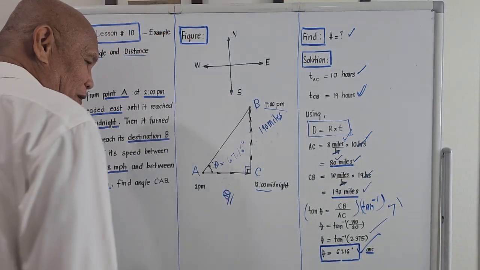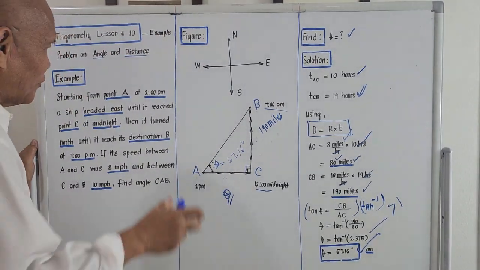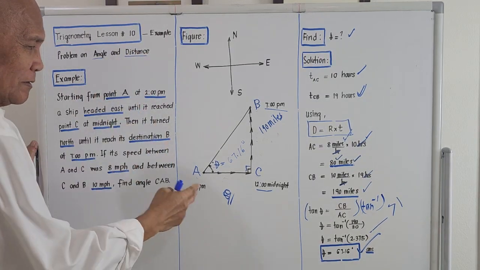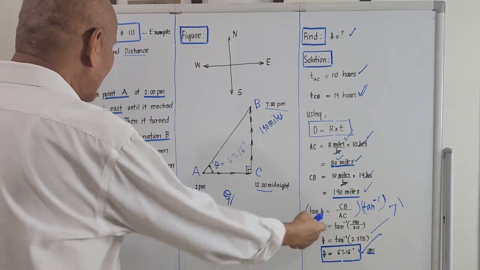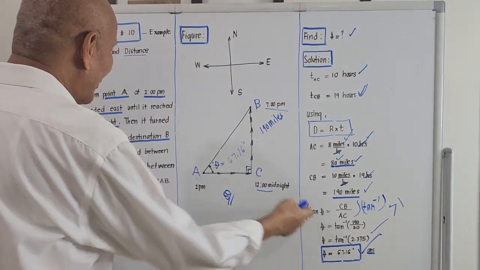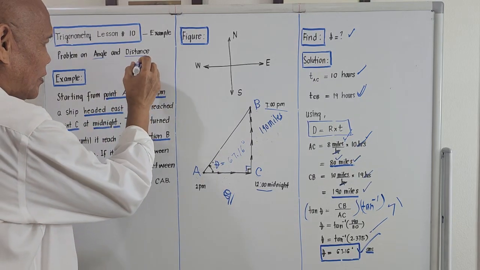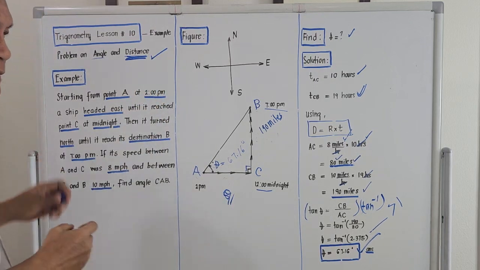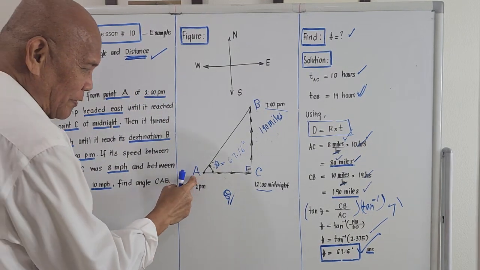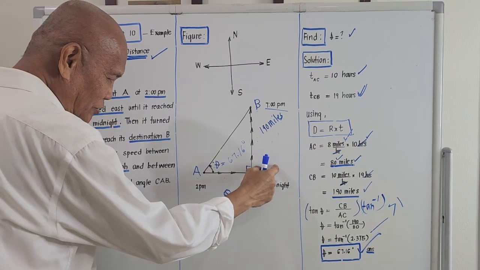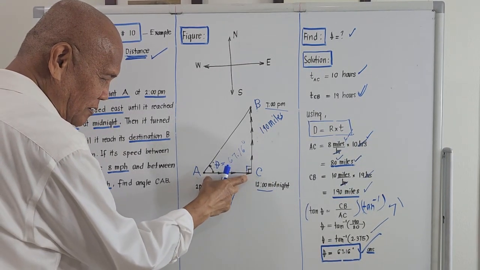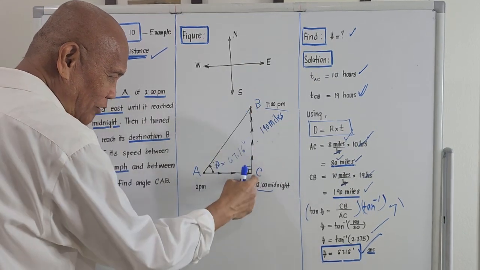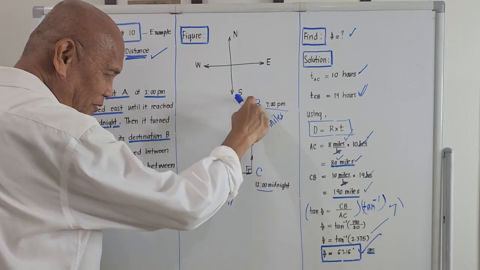So our example is an example problem that involves angles and distance. And the angle is the last part of the solution. To bring out this angle, we must bring out a certain relation or certain values considering the distance. Because we are given the speed from A to C and the total time consumed, we could compute this distance. The speed from C to B we are given, and we could compute the total time, so still we could compute the distance CB.